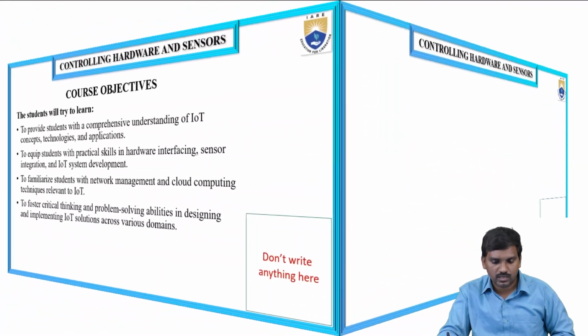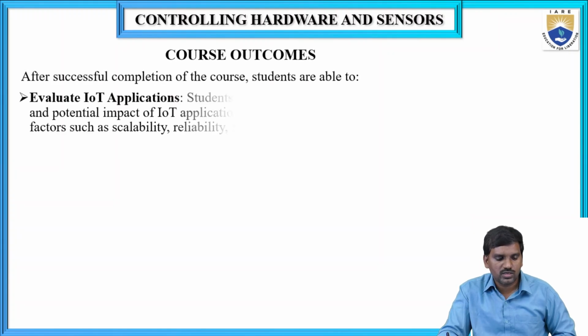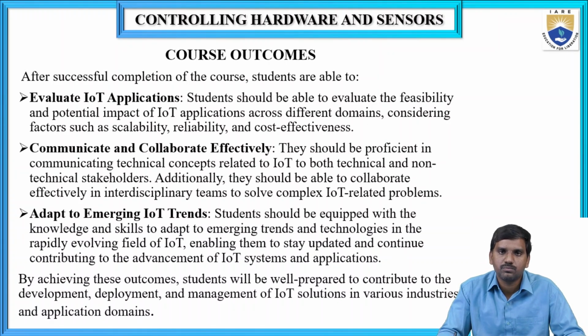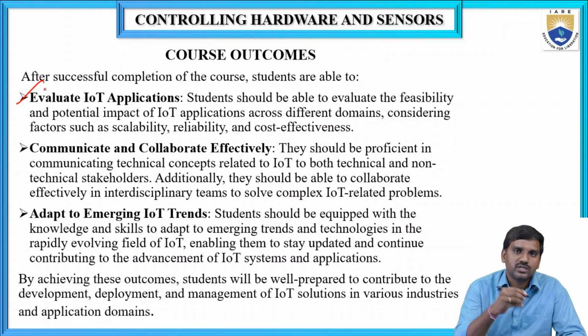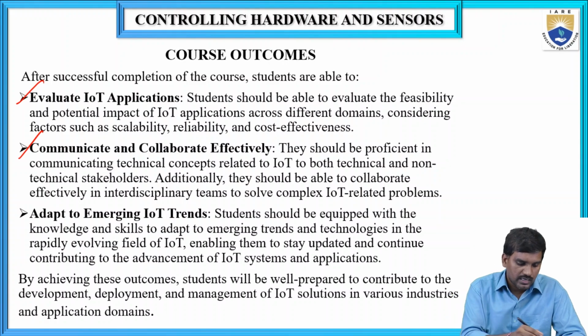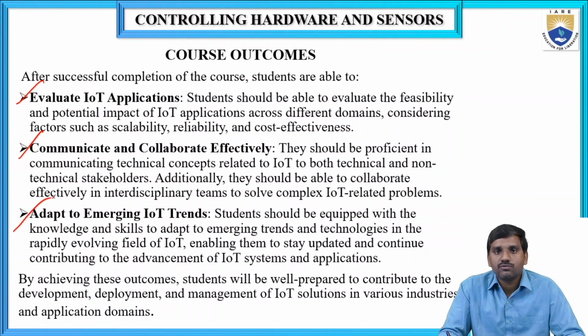Next, course outcomes. After successful completion of the course, the student should be able to perform different activities on IoT devices, like evaluate IoT applications, communicate and collaborate effectively, and adapt to emerging IoT trends.